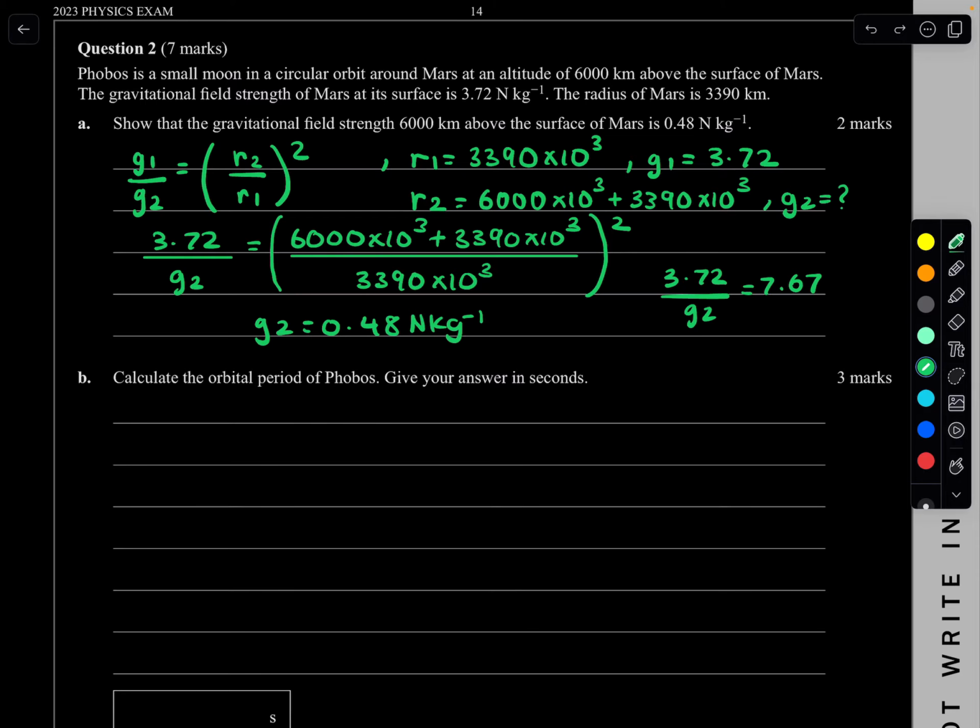I know the acceleration at the point of Phobos is equal to 4 pi squared r over t squared.